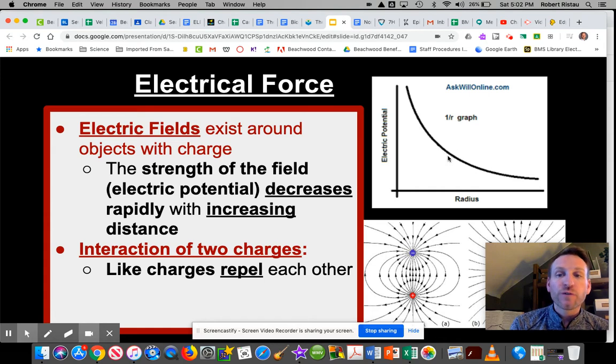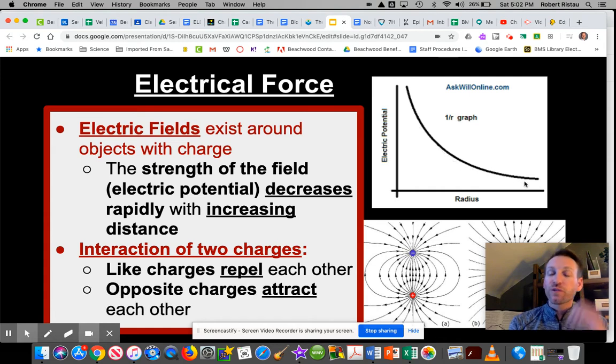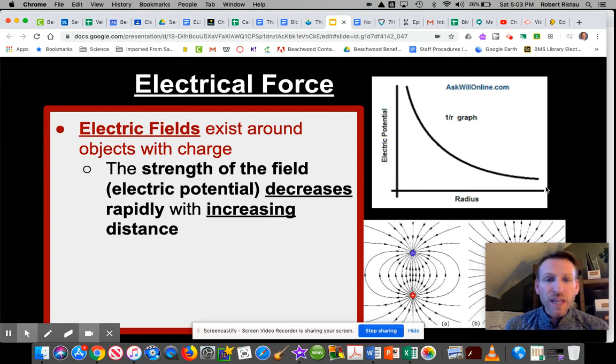But as you get further and further away, yeah, it still decreases, but the amount that it decreases starts to slow down a bunch. So it decreases rapidly at the beginning and decreases at a slower rate the further you get away. So it's decreasing rapidly with increasing distance.